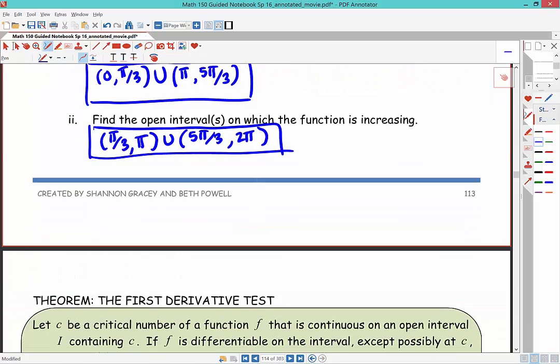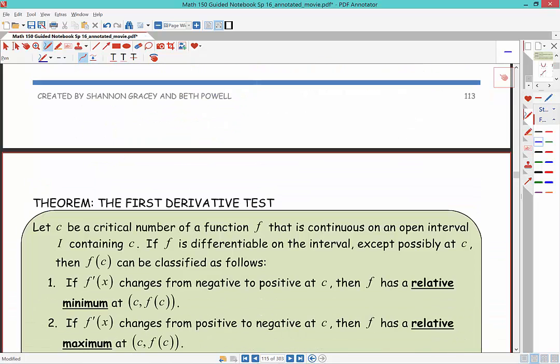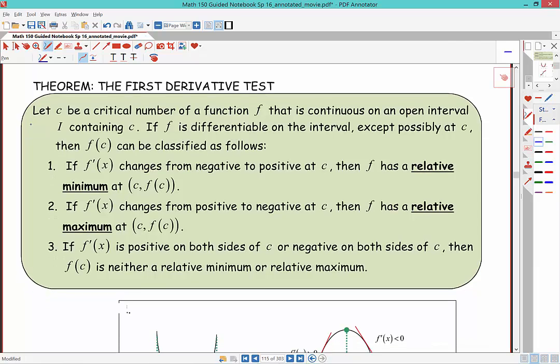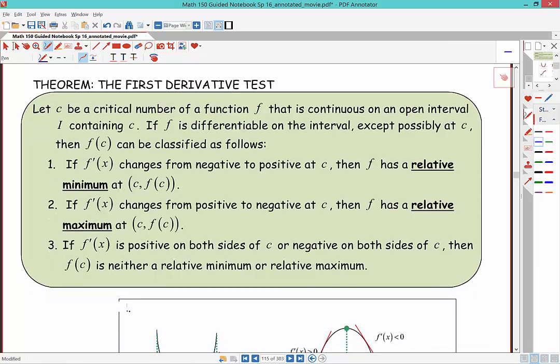Okay, so now let's take a look at the first derivative test, okay? All the first derivative test says is, hey, if, first of all, you've got a critical number, which means that domain value is part of your domain of the graph.